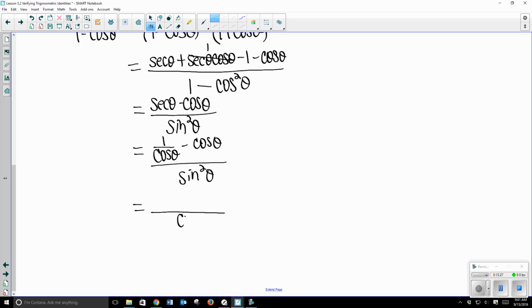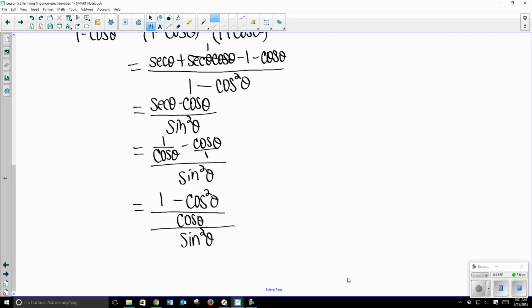So cosine theta is our denominator, common denominator. And remember my shortcut, 1 times 1 is 1 minus cosine times cosine is cosine squared theta. And then remember that's all over sine squared theta.